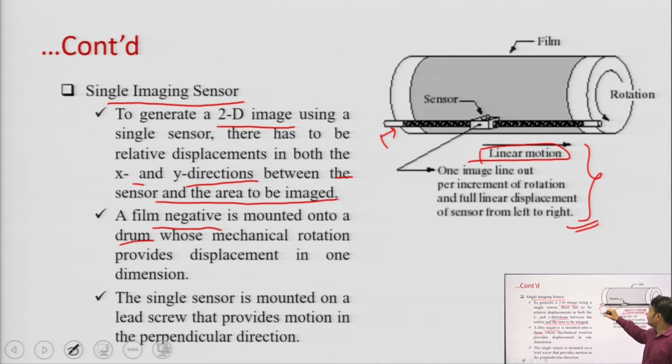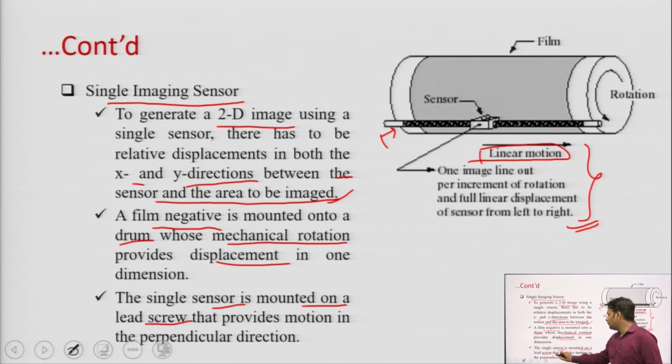This is the film negative, and that drum is actually rolling from the x direction towards the y direction, and by which mechanical rotation you may have the complete image. And the single sensor is actually mounted on a lead screw that provides motion in the perpendicular direction. So, that is the actual working of the single imaging sensor.